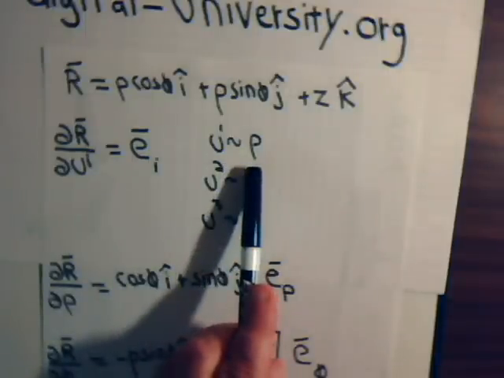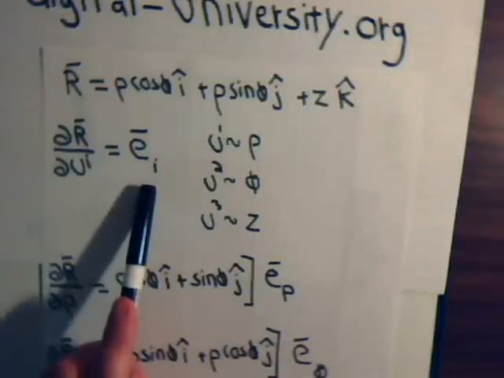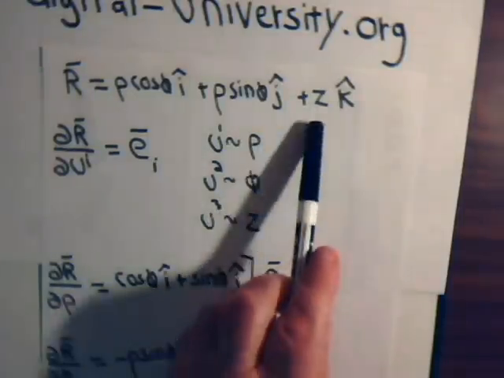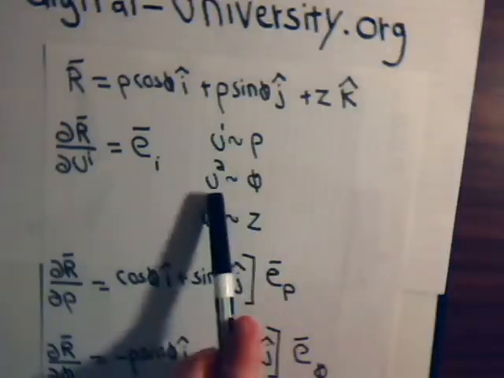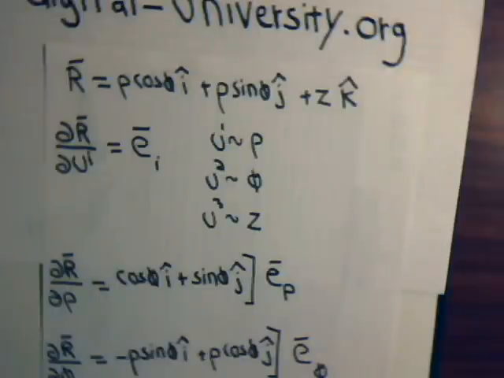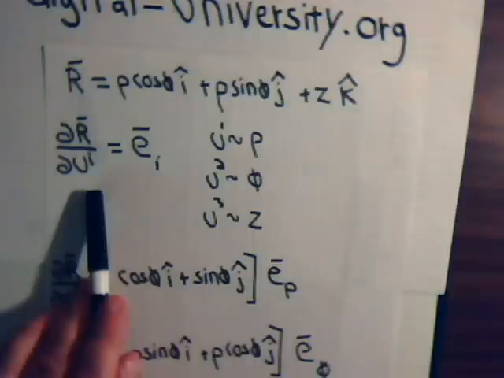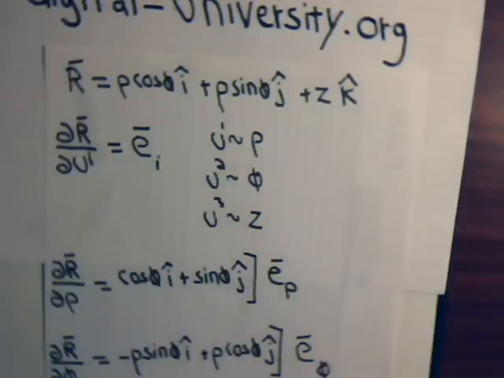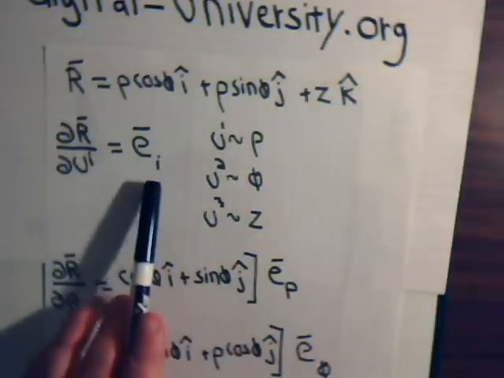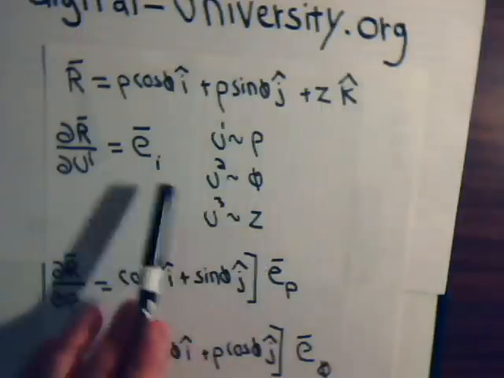So we've taken the partial of r with respect to rho, and that will give us e1, or that would be designated as e rho. Then when i equals 2, we're taking the partial of r with respect to u2, that's psi, and then that will give us e2, or e psi. And then when i equals 3, we're going to be taking the partial of r with respect to z, and that will give us e3, or ez.